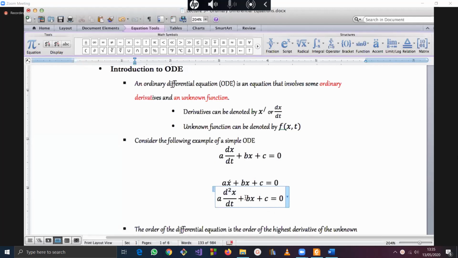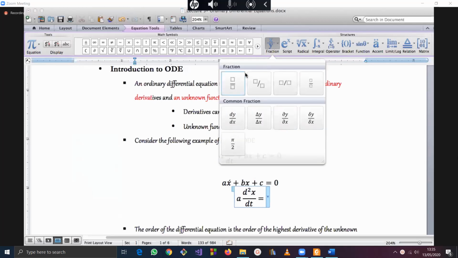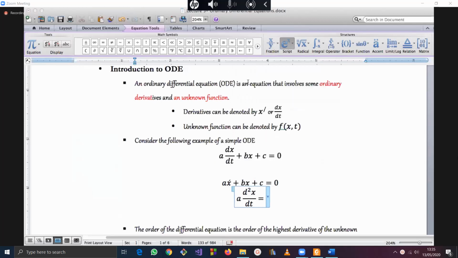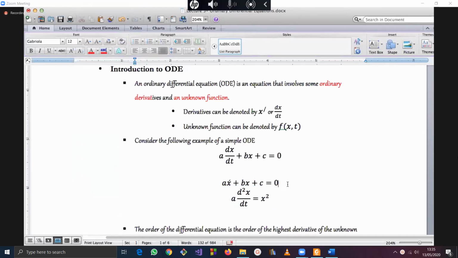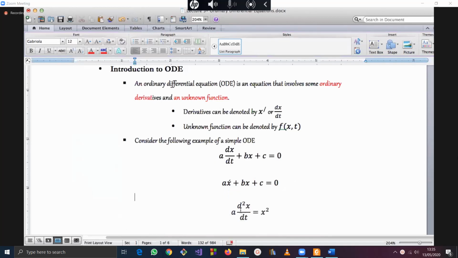And maybe this one I can take away so that we are not only dealing with one side. I can go on the other side. I can have something like x squared. So this is also an ODE because there is a derivative, only that the derivative is 2 here.